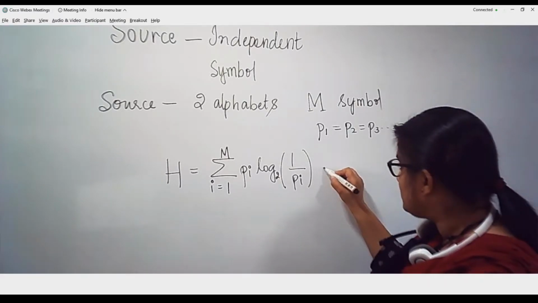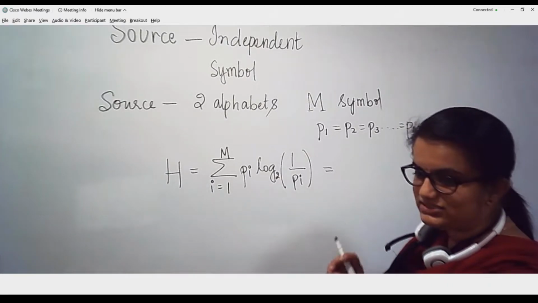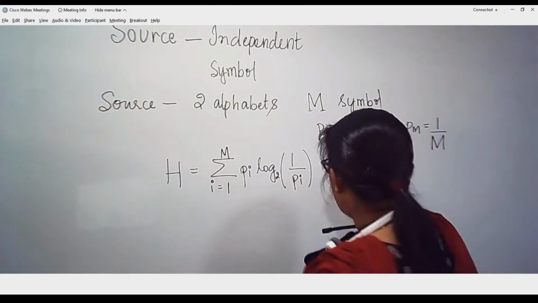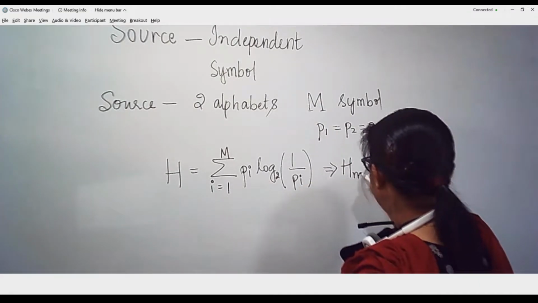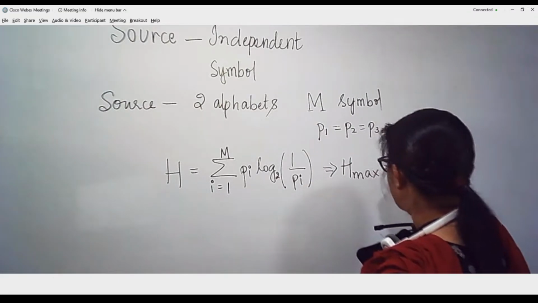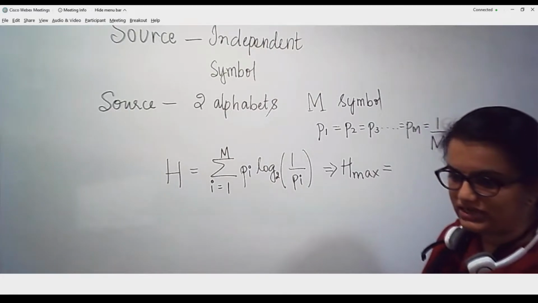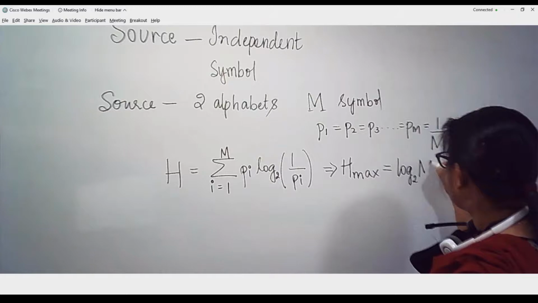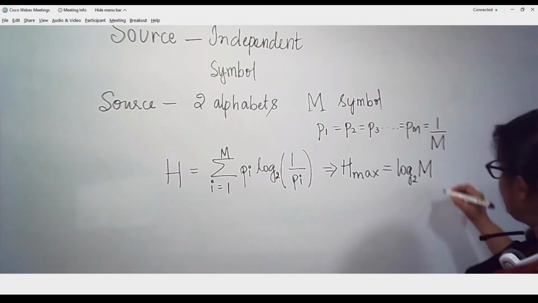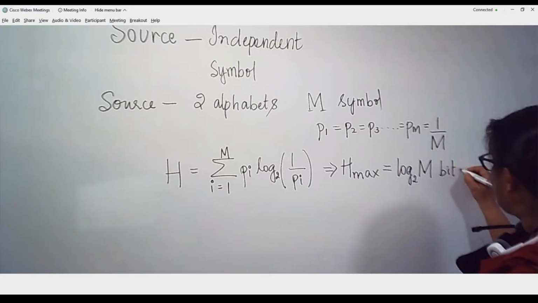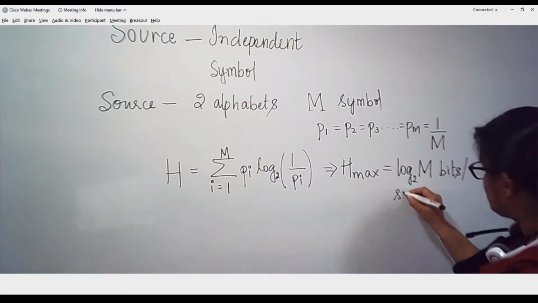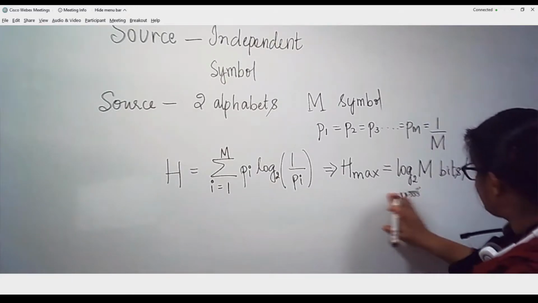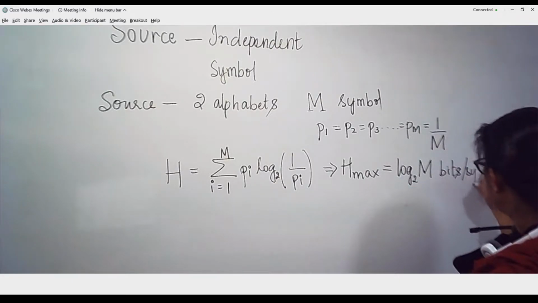So this will be equal to the maximum value. This gives us the maximum entropy, which will be equal to log m to base 2, the maximum possible entropy. I am writing the units here: bits per symbol.